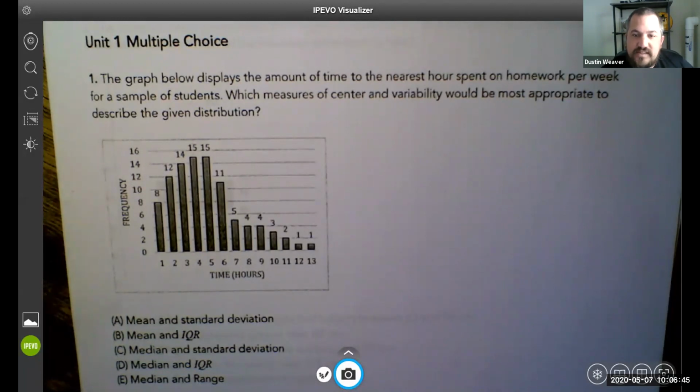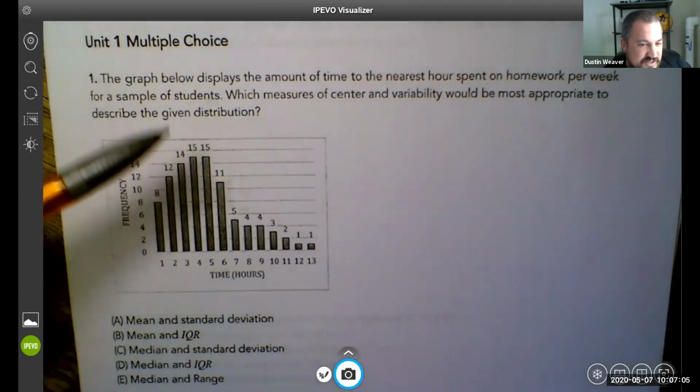Which measures of center and variability, which is the same thing as spread, would be most appropriate to describe the given distribution? Again, we can talk about it in chat. You can also unmute yourself as you go through this.